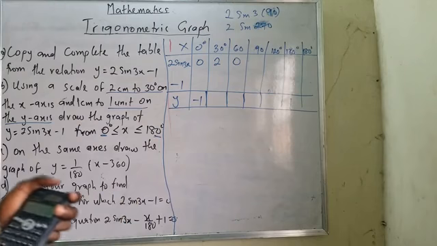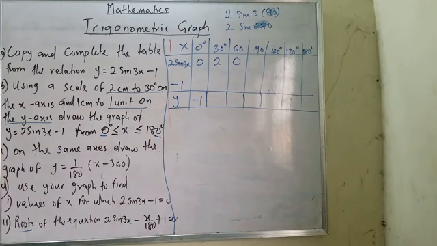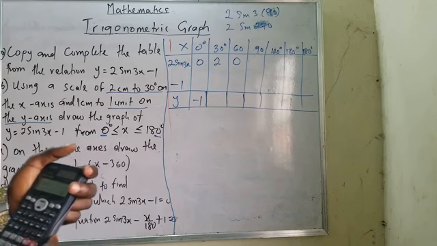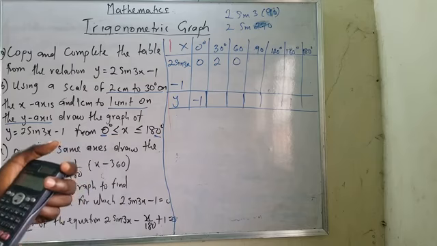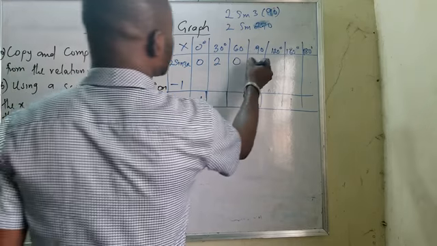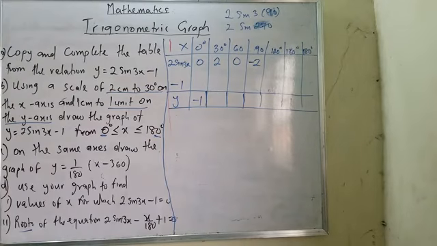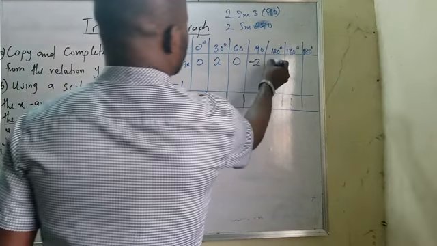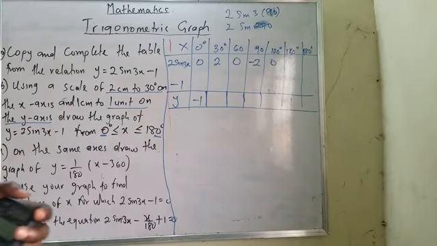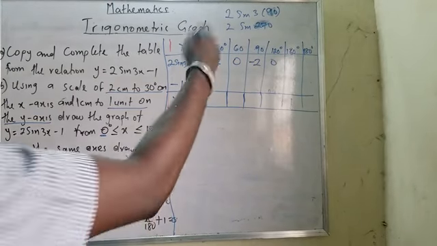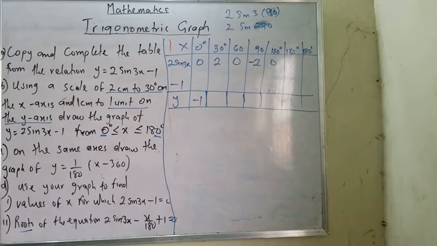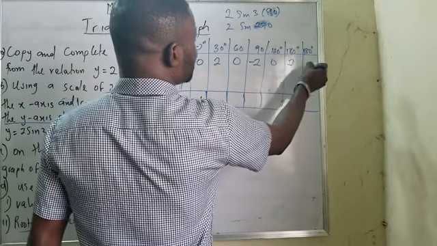Now, 2 sine 270, I have it as minus 2. The next one will be 0, and the other one will be 150, which will be 2, and this one will be 0.